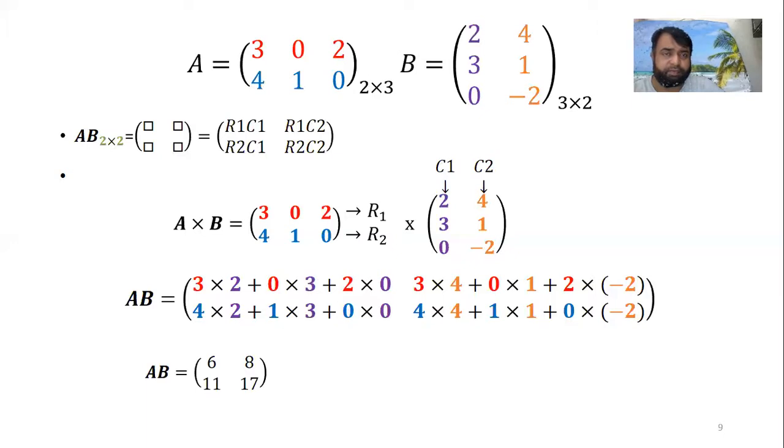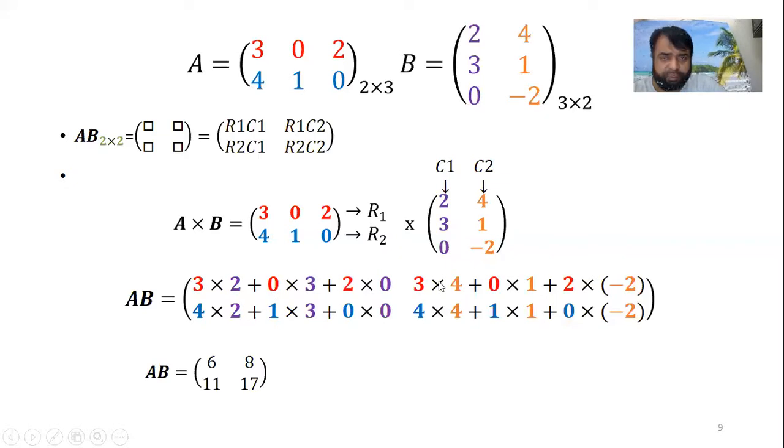Similarly, say I want to discuss the other elements, say row 1, column 2. How do we get this element? You have to use row 1 from matrix A and column 2 from matrix B. Multiply the first element of row 1, that is 3, with the first element of column 2, that is 4.